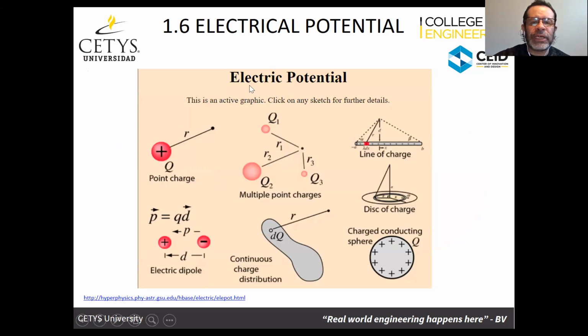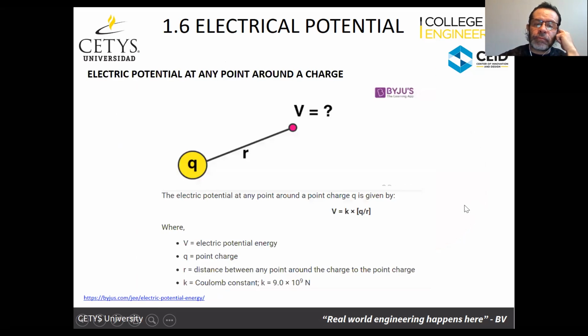And so the electrical potential of different types of objects is similar to when we were talking about electrical fields regarding different types of objects. It's going to behave differently depending on the type of object. The first type of object we're going to see here is the typical point charge. What is the electrical potential of a point charge, or what is the voltage at a given point?